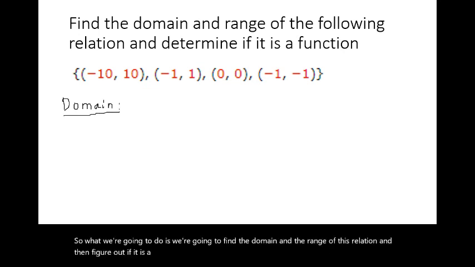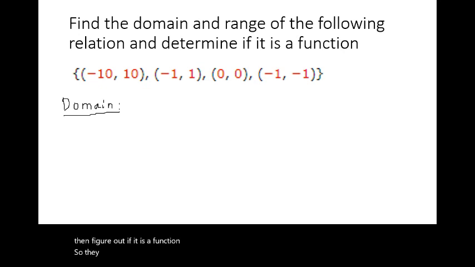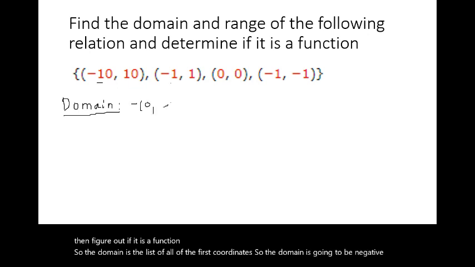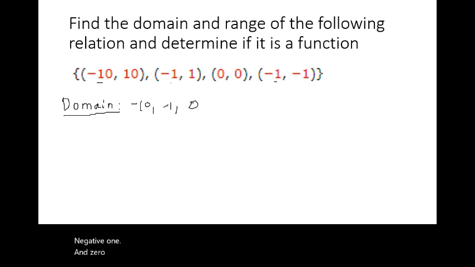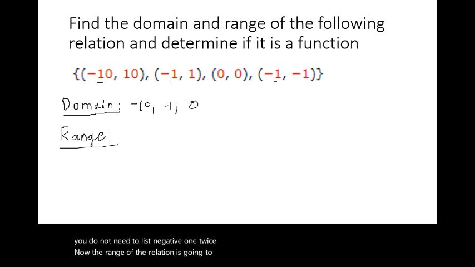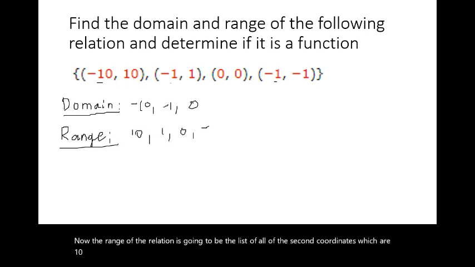The domain is the list of all of the first coordinates: -10, -1, and 0. You do not need to list -1 twice. The range is the list of all of the second coordinates, which are 10, 1, 0, and -1.